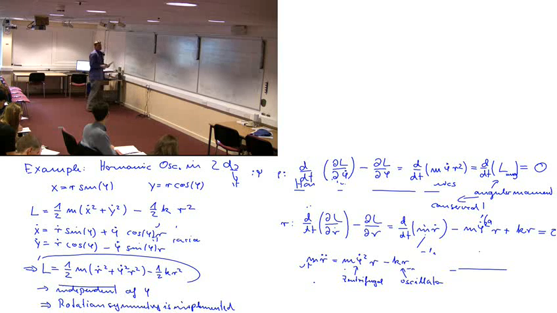Okay, so with this explicit example, you see how concisely you can condense all the properties of the system into this Lagrange function, and how you then, by writing down the equations of motion and studying the properties of this Lagrange function, you can actually see all the properties of the system, like the fact that the angular momentum is conserved.